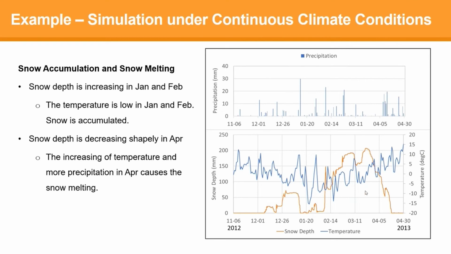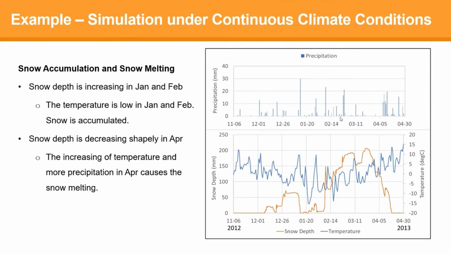during this period. But before that, you see the snow depth has accumulated, or at least stays around that level. This is because, in general, in February the temperature is much lower during this period, and you also have some precipitation.